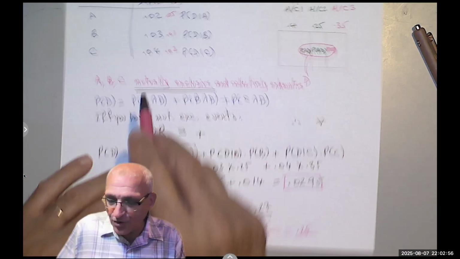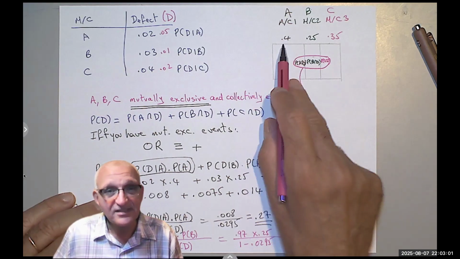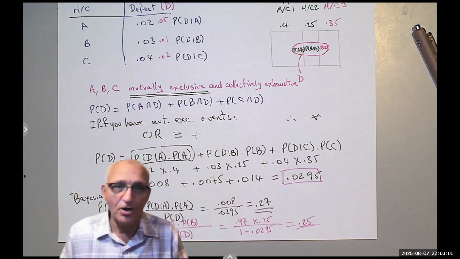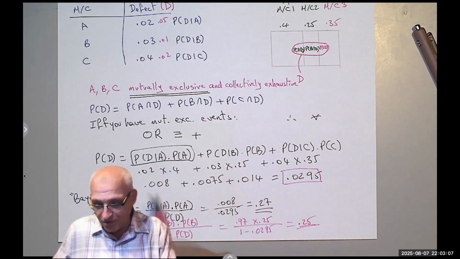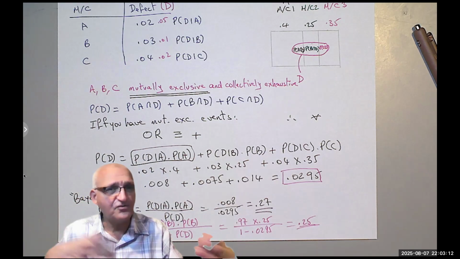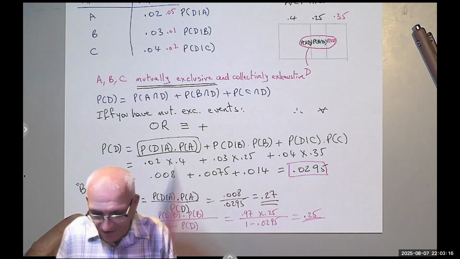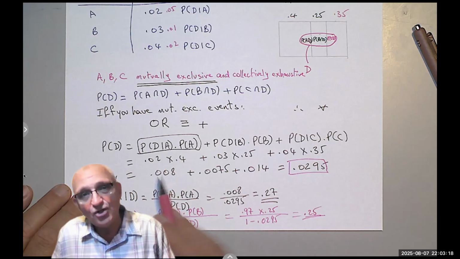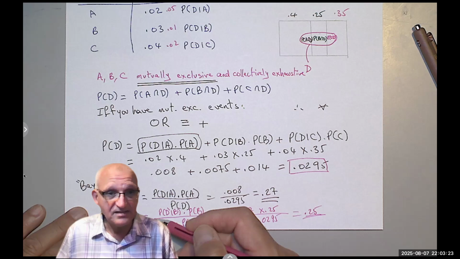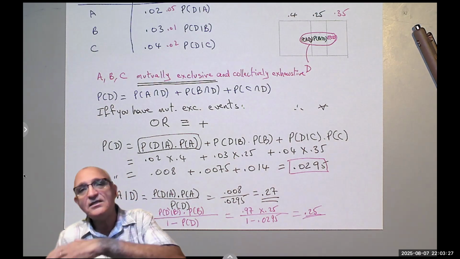Usually, the original probabilities that we had, like the 40%, 25%, and 35%, are called the prior probability, before you run your experiment and see if it's defective or non-defective. The probability of A given D or A given not D, depending on whether you are doing the defective or the non-defective, for all three of them, is called the posterior probability.